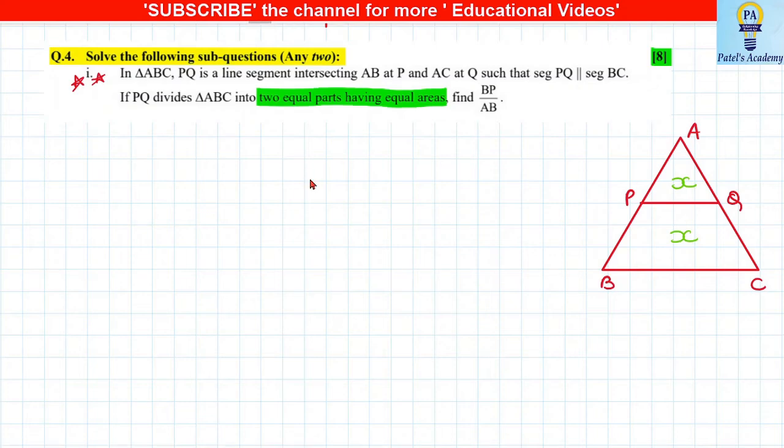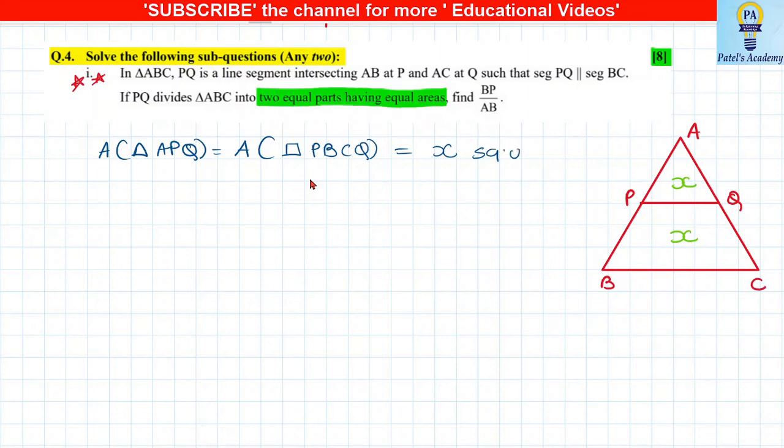So see how we write. Area of triangle APQ is the same as area of trapezium, I'll put a quadrilateral sign, PBCQ, that is equal to x square units.